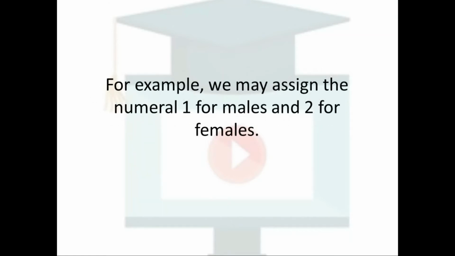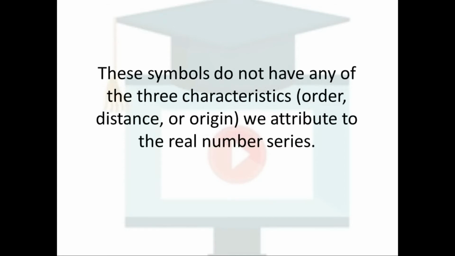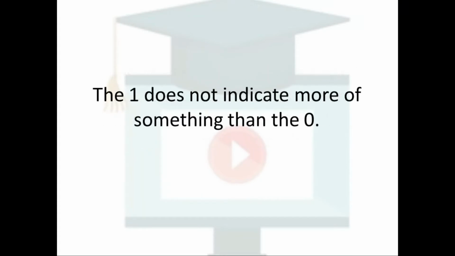For example, we may assign the numeral 1 for males and 2 for females. These symbols do not have any of the three characteristics (order, distance, or origin) we attribute to the real number series. The 1 does not indicate more of something than the 0.